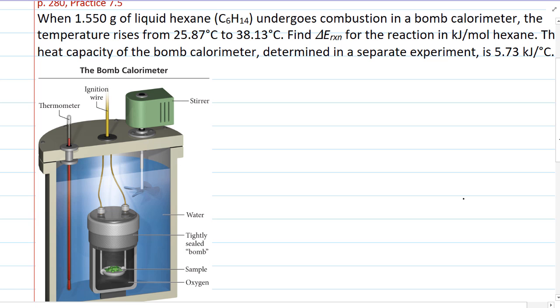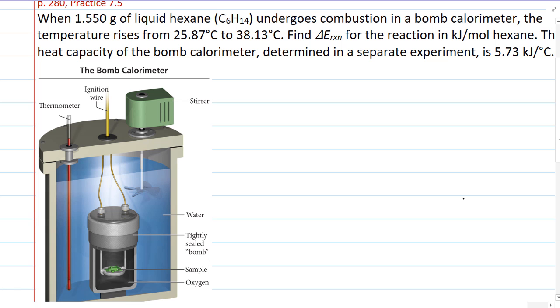Now, to actually make it react, we place the sample back in and seal the bomb up real tight, and we hook it up to some pure oxygen right here.